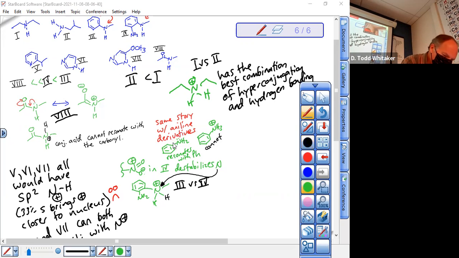So remember, this is the lone pair that you use for being a base. And it can resonate with a lone pair down here. These lone pairs. You don't have that with pyridine. So that puts pyridine more to the left.